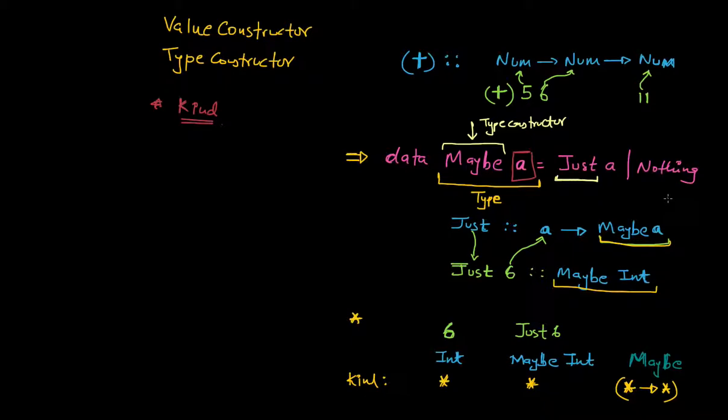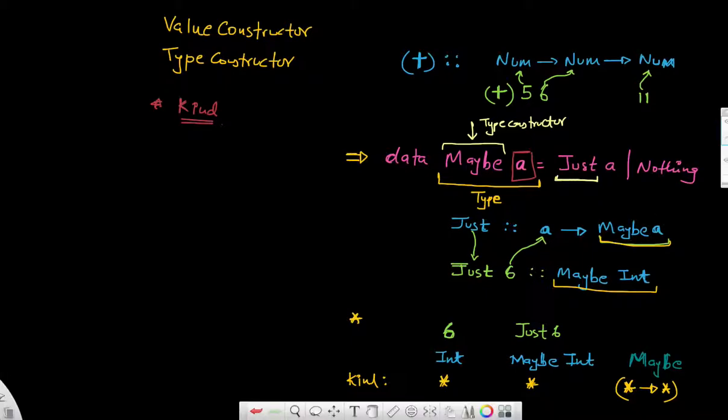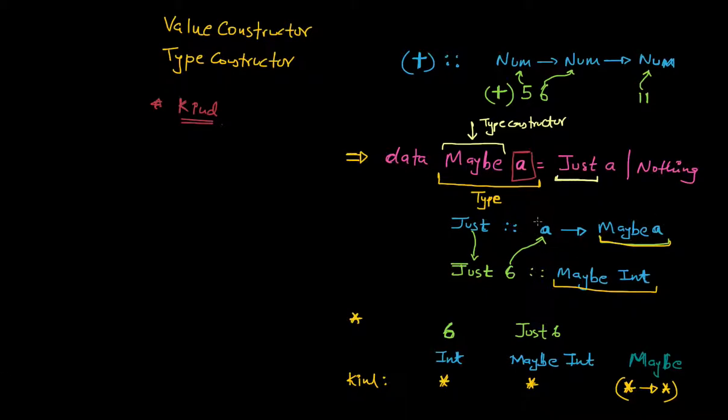Now, if you look at the value constructor just here, this is a type world. Because it's a type world, every single type in the type world must be a concrete type, meaning the kind of this A over here must be a star because it must be a concrete type, and the kind for this entire maybe of A must also be a star. So what is maybe doing in this case?